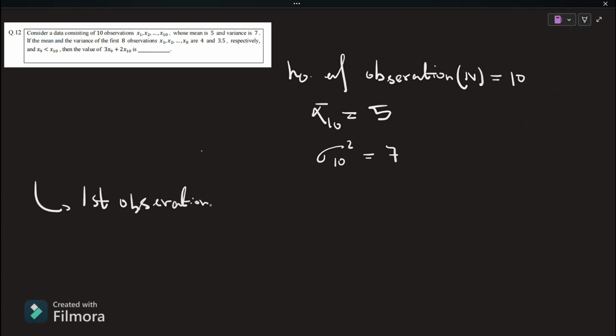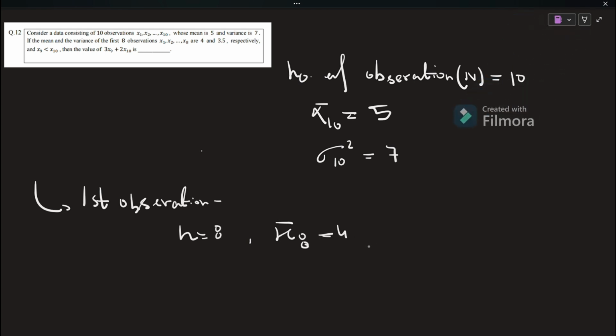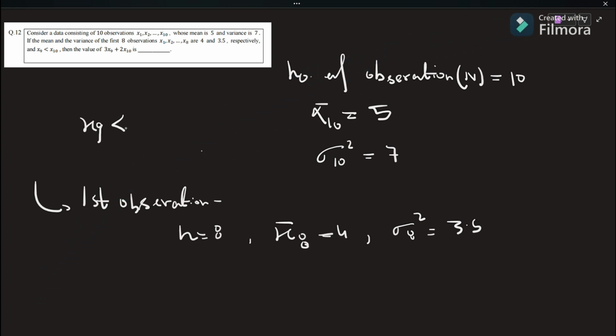the question says in the first observation, n equals 8 observations. The mean given is x bar of 8, which is 4, and the variance given is 3.5. Also given is that x9 is less than x10, which is important.